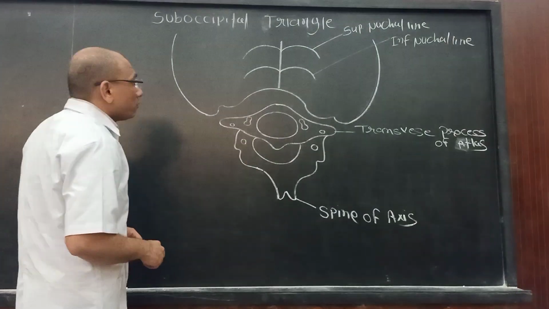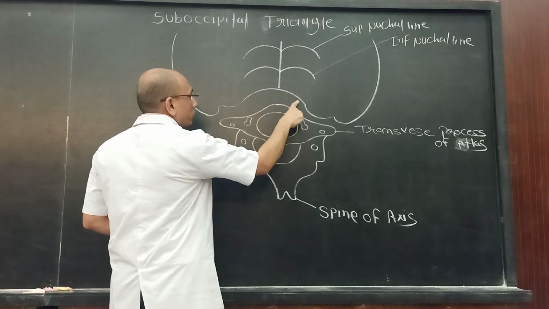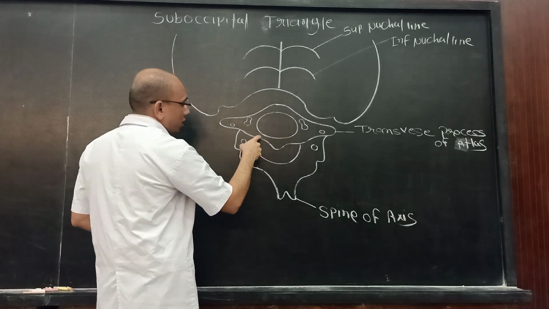First I am drawing one membrane here, membrane between the posterior margin of foramen magnum and the superior border of the posterior arch of the atlas.